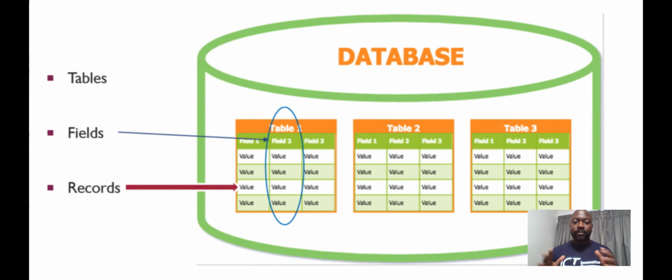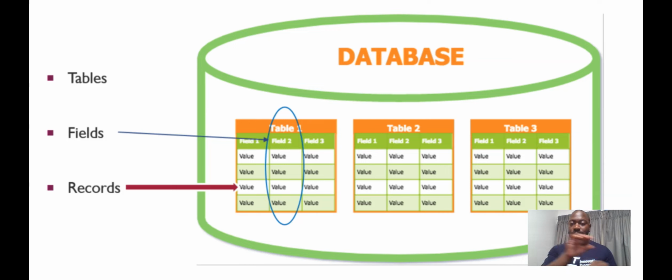Let's have a quick recap on what a database is. A database is a storage for data that is made up of one or more tables, and each of those tables is made up of one or more rows and one or more columns. The columns on top define what type of data it is, whether it's a name, a surname, first name, age, or grade, that kind of thing.